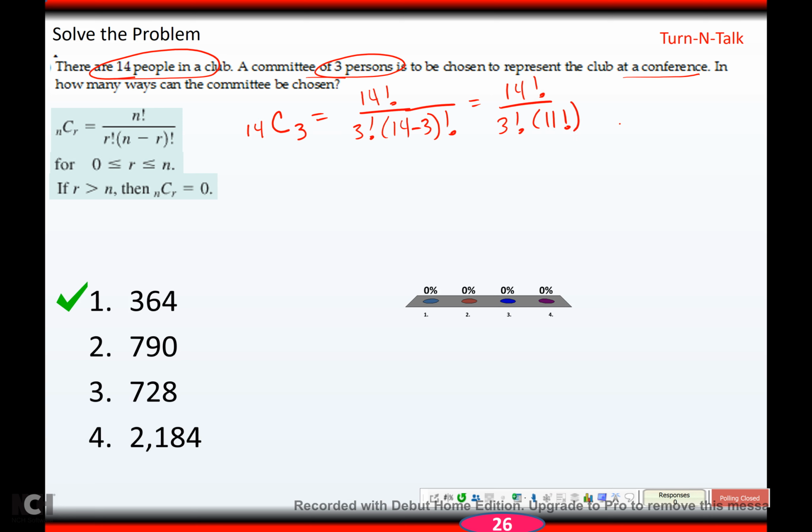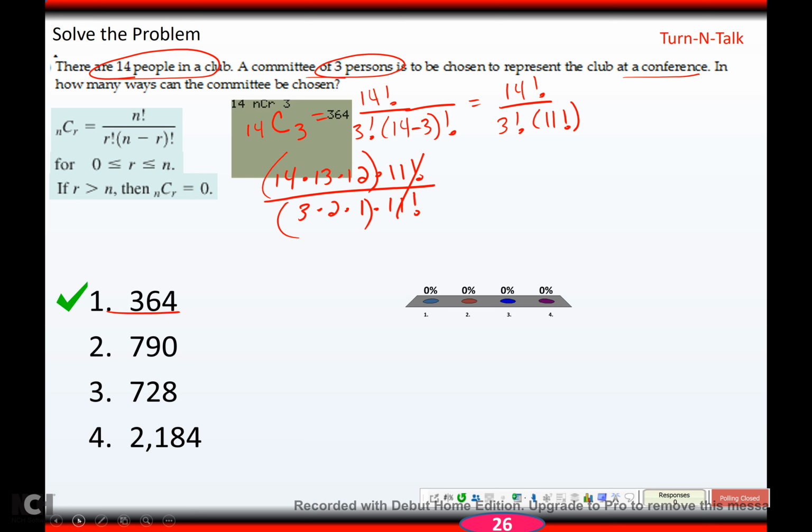So on top I've got to go to at least 11. 14 times 13 times 12 times 11 factorial over 3 times 2 times 1 times 11 factorial. Those cancel, so I have this divided by this, which is 364. Or you can type it in the calculator and get the same thing. Again, I want to see that you write it out, but after this point, yeah, type it in the calculator.